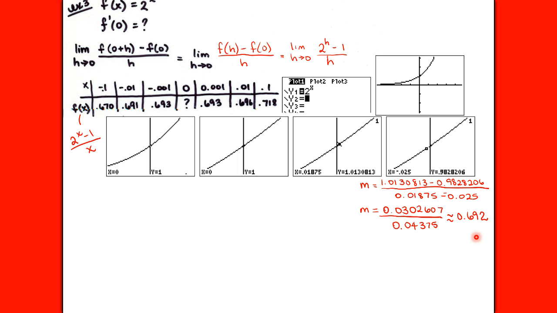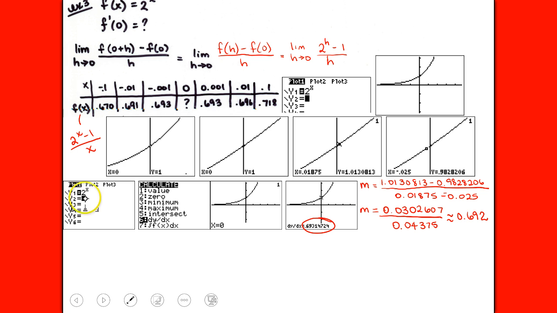So I can get my calculator to tell me the derivative at 0. I can't get it to tell me the derivative overall, but I can get it to tell me the derivative at 0. Here's how I could do that. I'm going to go to y equals, and put in my equation. Remember, the original equation was 2 to the x.